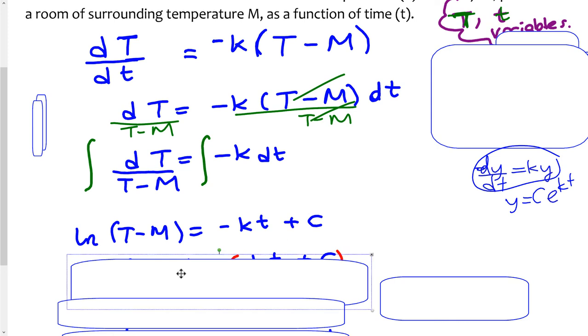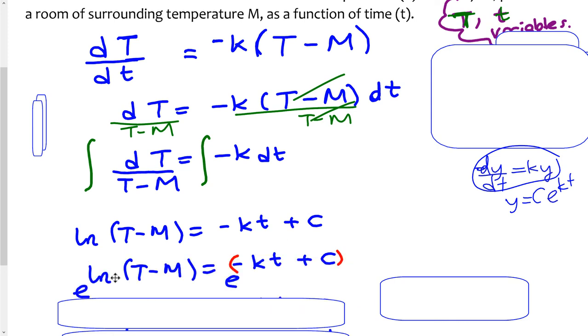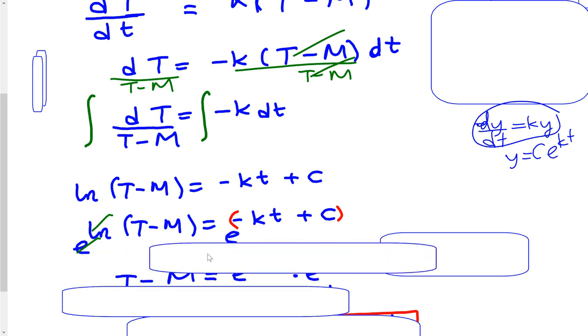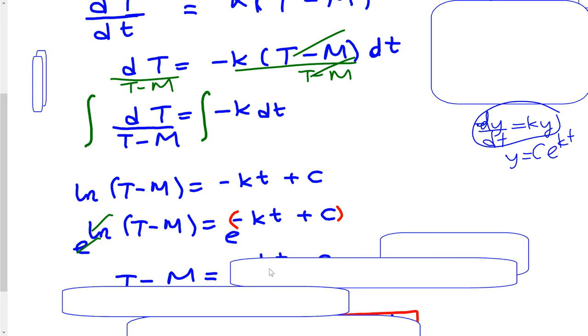So let's exponentiate both sides. So e to the left side equals e to the right-hand side, and e to the ln, they cancel each other. So at this point, what we're going to have is capital T minus m on the left-hand side equals e to the negative kt plus C on the other side.